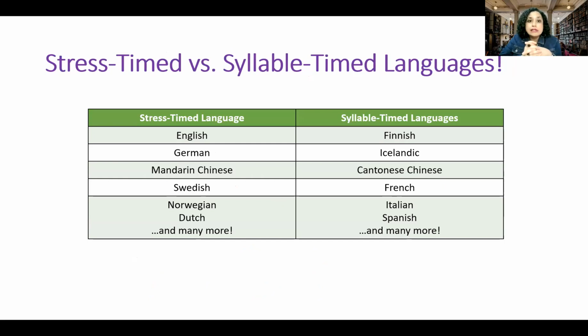There's something called stress timed versus syllable timed languages. If you take a look here, we have some languages that are stress timed, and English is one of them. And Spanish is one of those where stress falls especially on the syllables. And like I said, it's fairly easy to mark the stressed part of words in Spanish, because you basically follow very simple rules where you just add a symbol on top of the vowel.